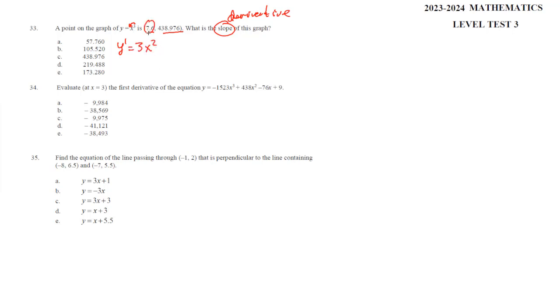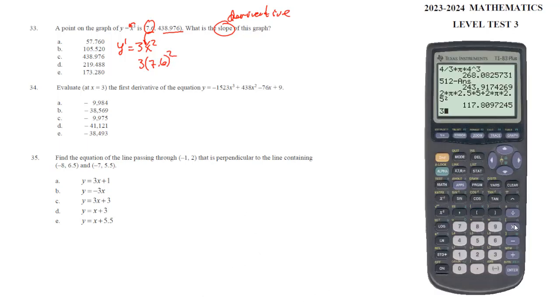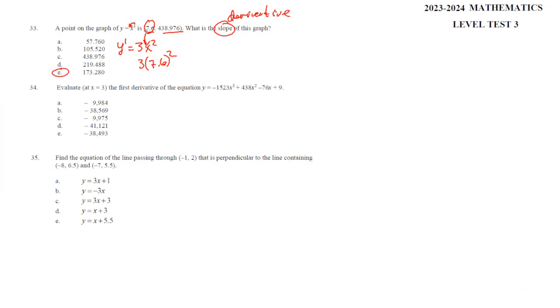So we take the x value and stick it in to get the slope. So y prime is going to be 3 times 7.6 squared. Let's punch that in. 3 times 7.6 squared, and we get 173.28. Wow, at that point on the graph, that is a steep line.